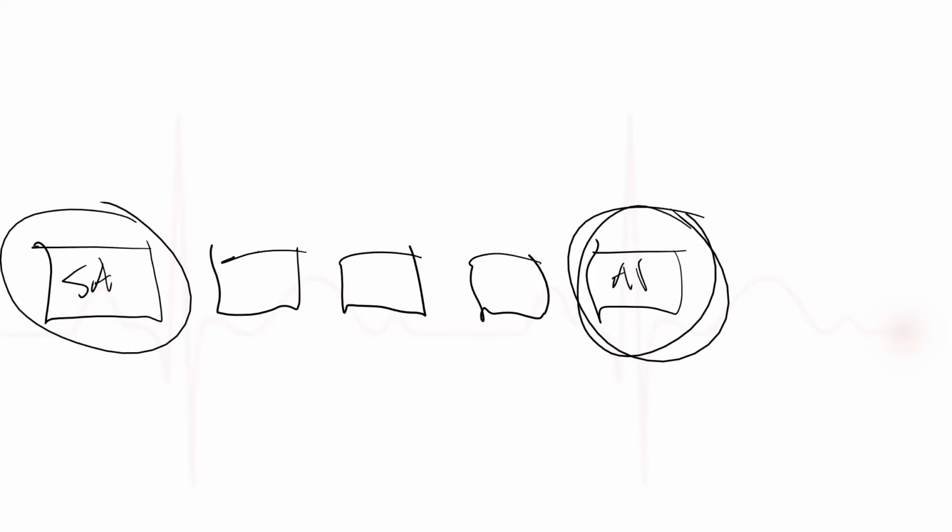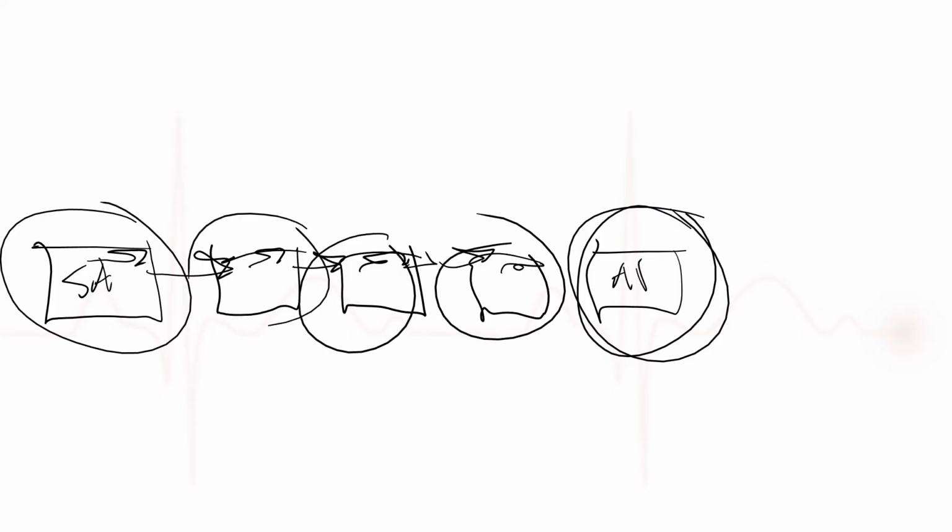So if the SA node fiber gets to threshold, what's going to happen? The action potential is going to start propagating down the SA node fiber into the atrial fibers. It's going to be propagating throughout all of the atrial fibers. And as the action potential from the SA node fiber is propagating throughout all of the contractile fibers, the atrial contractile fibers here, here, and here, the AV node fiber still hasn't gotten to threshold.